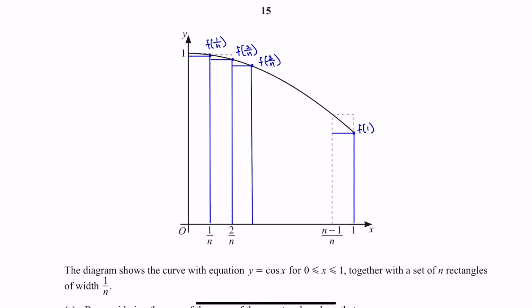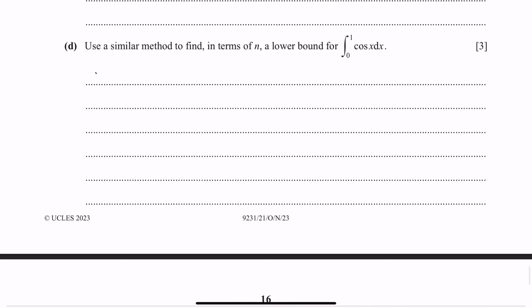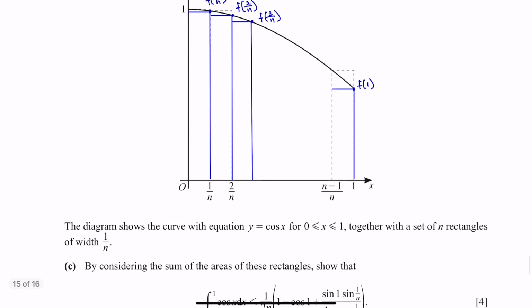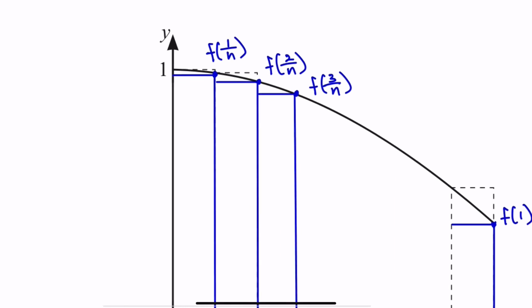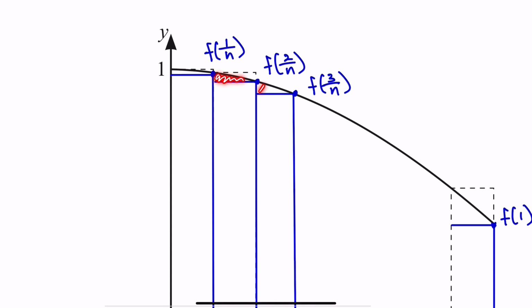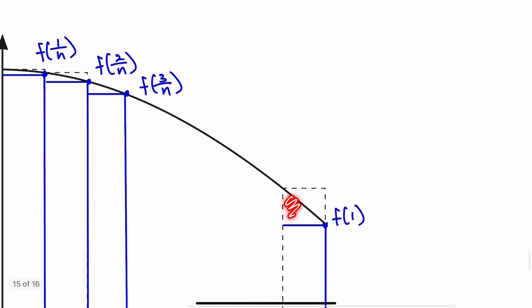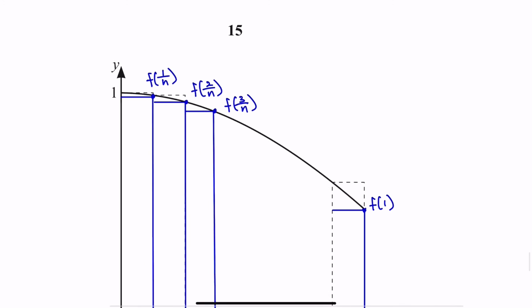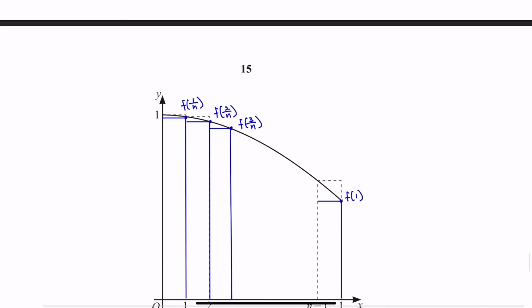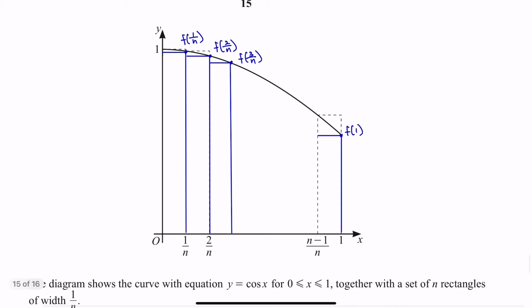Okay. So the integral would now be more than the area of rectangles. Why? Because do you see these gaps here? These gaps over here? So the area under the graph will now be more than the sum of the areas of rectangles.